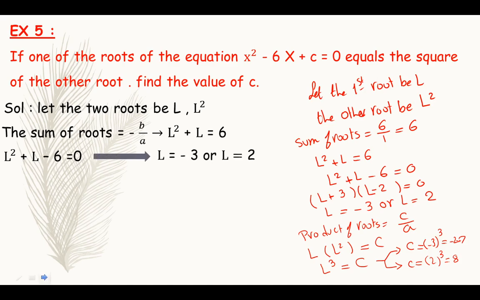By factorization, L will be equal to negative 3 or L equals 2. The product of the two roots equals C over A. So L power 2 multiplied by L equals C. So L power of 3 equals C.